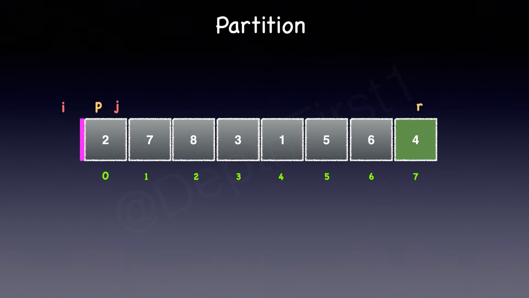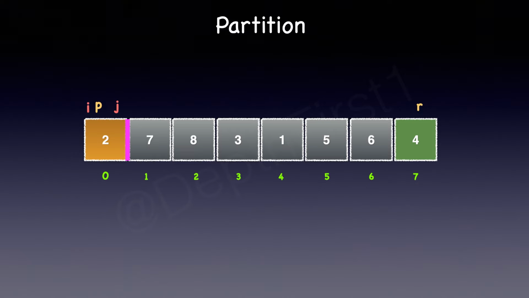The first element that j points to is 2, and 2 is less than 4, so we will increment i. We will swap the element at j with the element at i, but since it's the same element, the value remains the same.